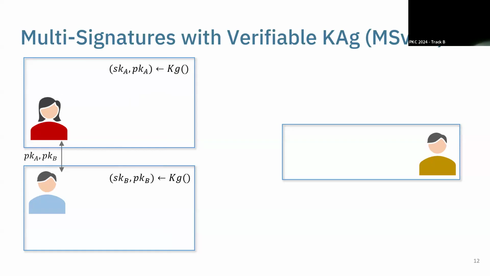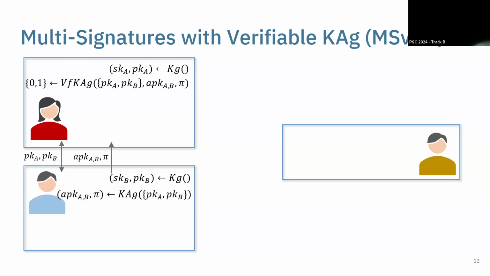So for that reason, we will need some verifiability for this key aggregation if it is to be a probabilistic algorithm, and also non-interactive. And we change the key aggregation algorithm for that. It is probabilistic, plus it outputs some proof that can be used by Alice to check whether the proposed group public key indeed belongs to Alice and Bob.